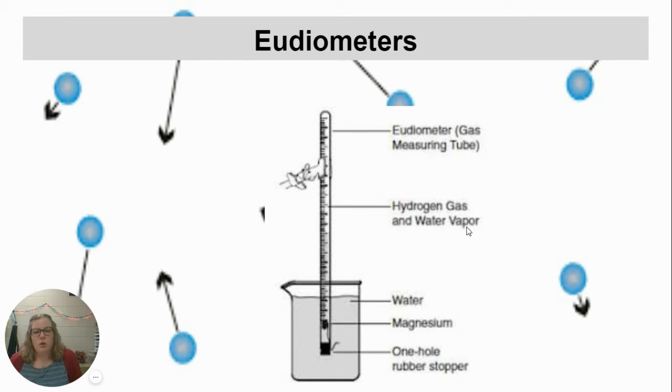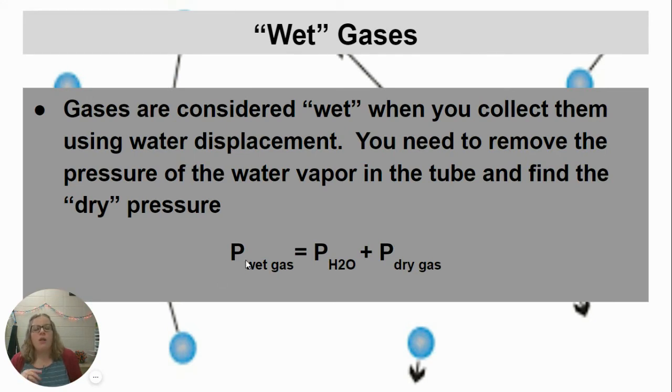Okay? So, like I said, keep in mind, when the two levels are equal, the pressure in the tube is equal to the atmospheric pressure. What we call that pressure is a wet pressure, because there's water vapor contributing to that pressure along with some hydrogen in this case.